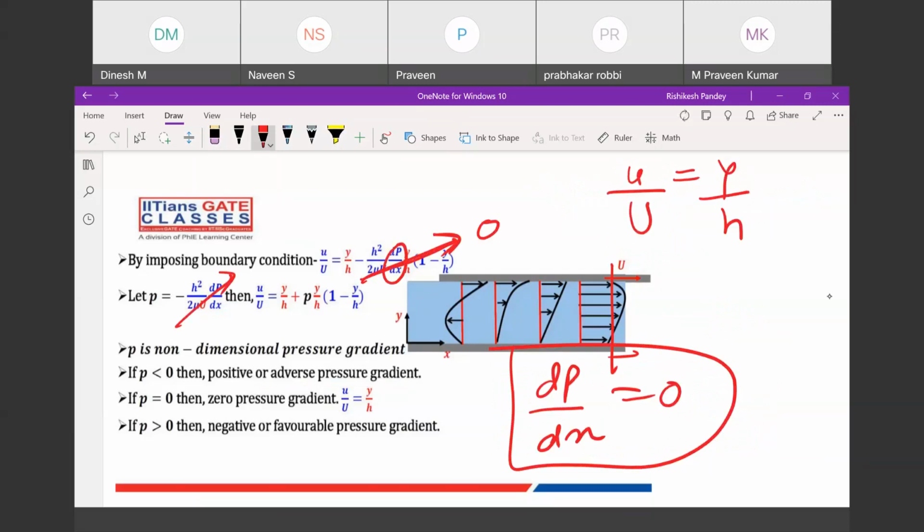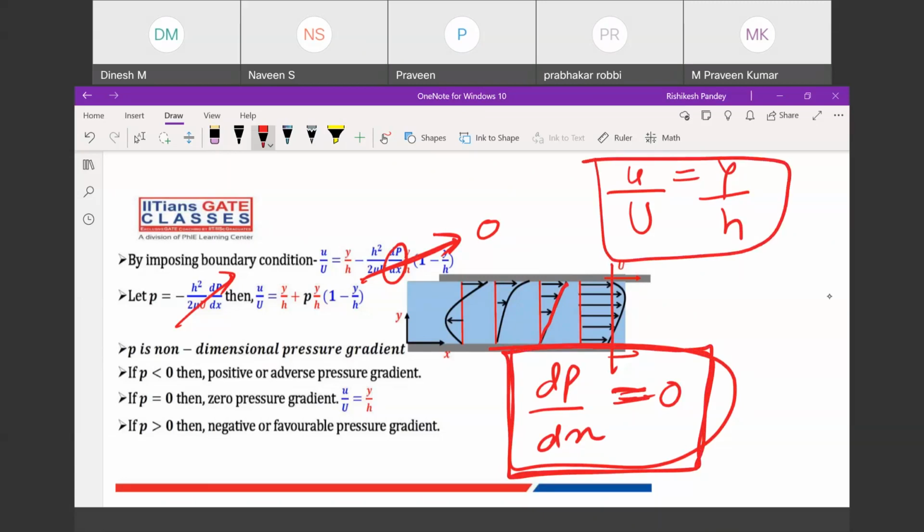So the profile will become linear. So the velocity profile will be linear. When do we get a linear velocity profile? When the pressure gradient is zero. So this also you can make a note of. When it is positive, reverse flow. When it is zero, then the profile will be linear.